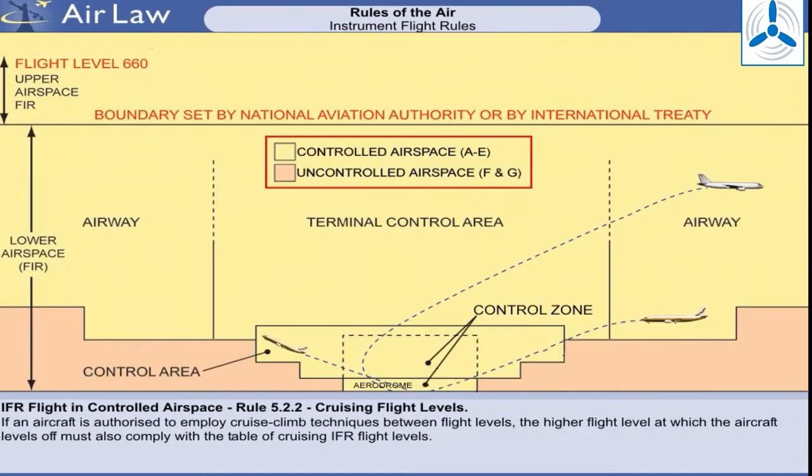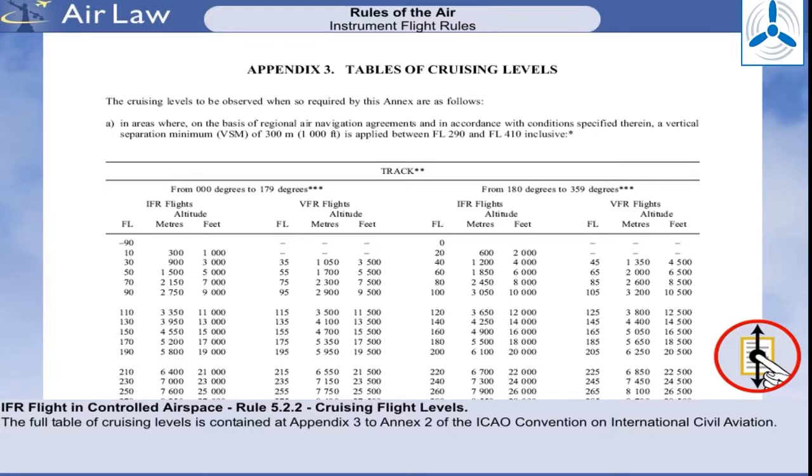If an aircraft is authorized to employ cruise climb techniques between flight levels, the higher flight level at which the aircraft levels off must also be in compliance with this so-called semicircular rule. The cruising levels that we have just illustrated are to give you merely an idea of the full table of cruising levels.